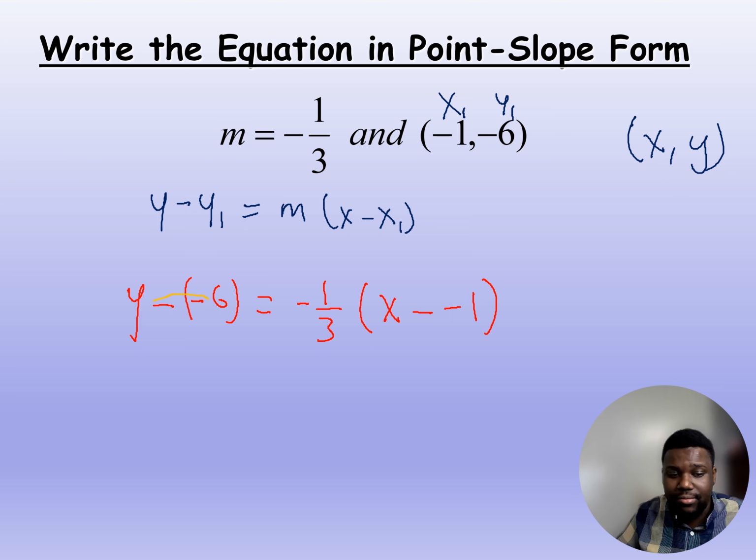So two negatives always combine to give you a plus. This is going to combine to give you a plus. So our final answer will be y plus 6 is equal to -1/3 times x plus 1. There we have it. We have just written the equation in point slope form.